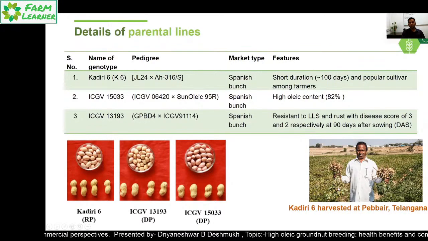Here a farmer is showing the produce of Kadri 6. We can see it is susceptible to late leaf spot and rust. So that's how we targeted Kadri 6 to improve it for high oleic content and foliar disease resistance, that is late leaf spot and rust.